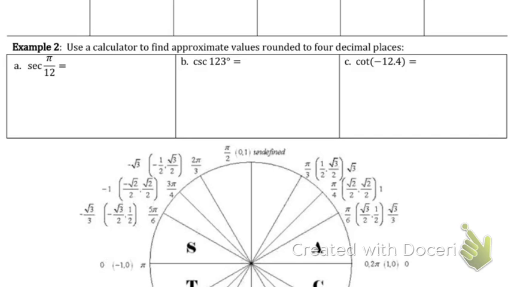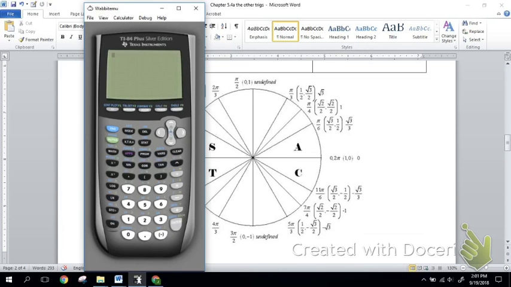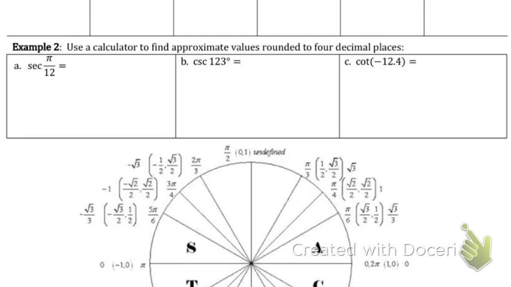It says secant of pi over 12. In my head, I'm saying, okay, pi is in radians. So we need to put our calculator in radians. So I go to my mode button, and I make sure I'm in radian mode. The next thing I'm going to do is exit out of there. And then I'm going to find my secant button.